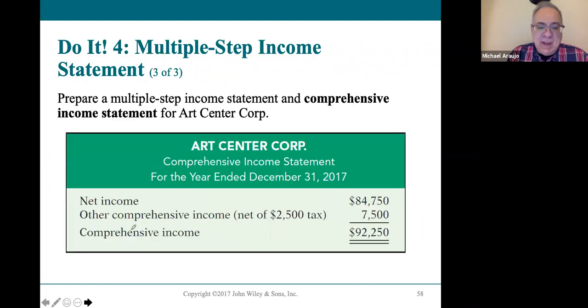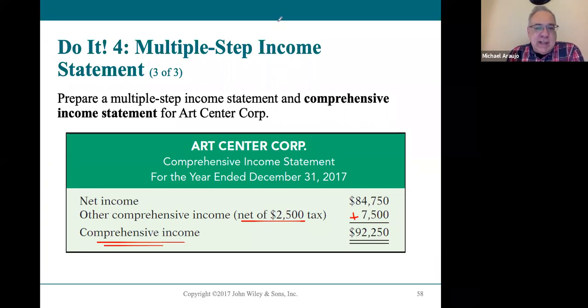Okay. And so $10,000, 25%, excuse me, good Lord. $2,500 tax taken away from that would add an additional $7,500 of income. And so the total comprehensive income would be $92,250.